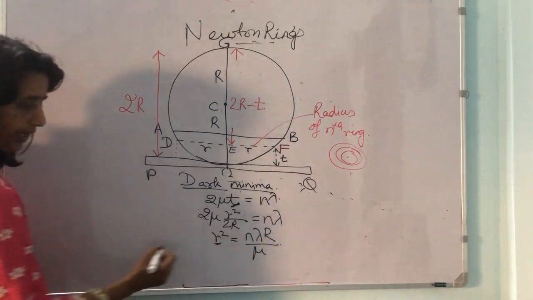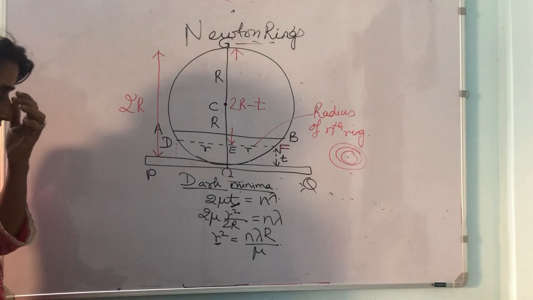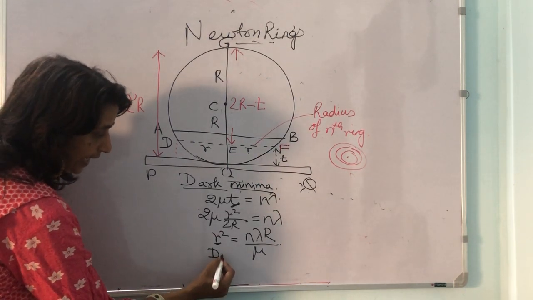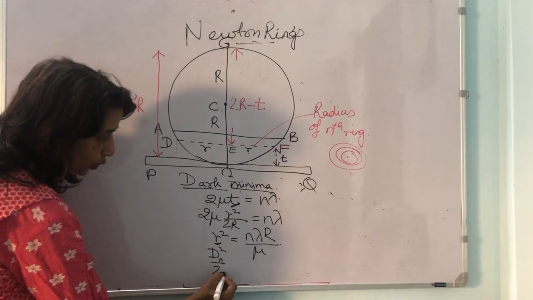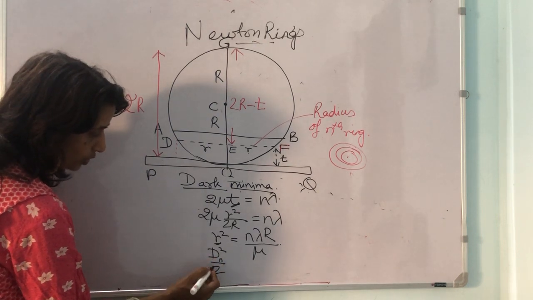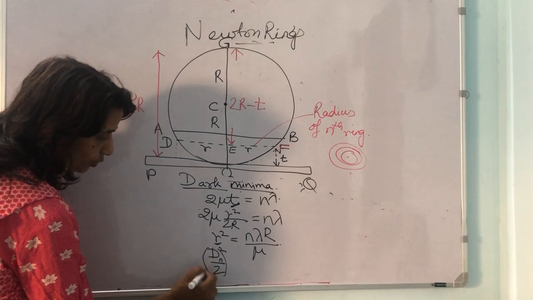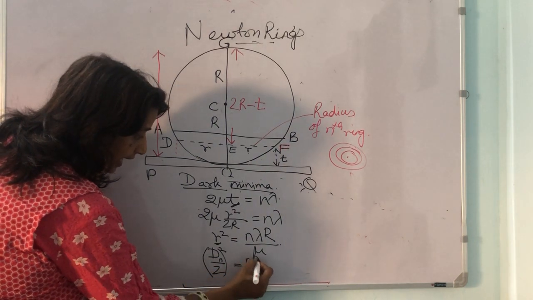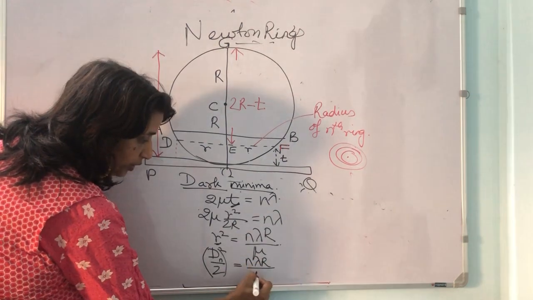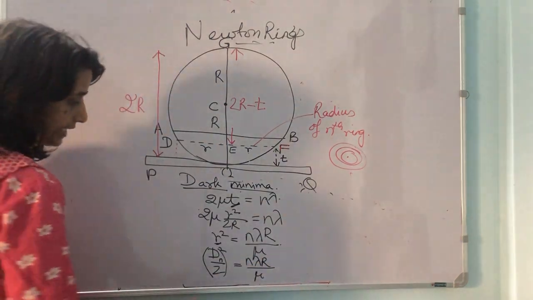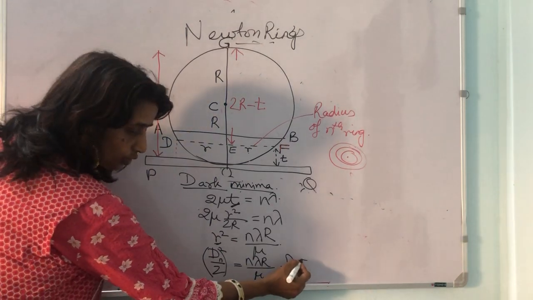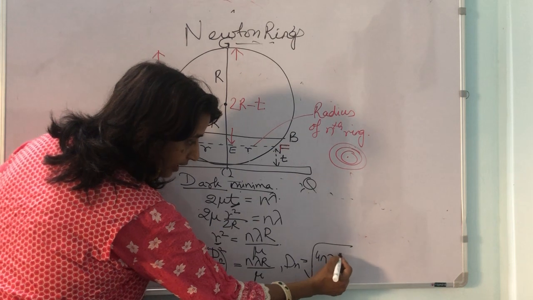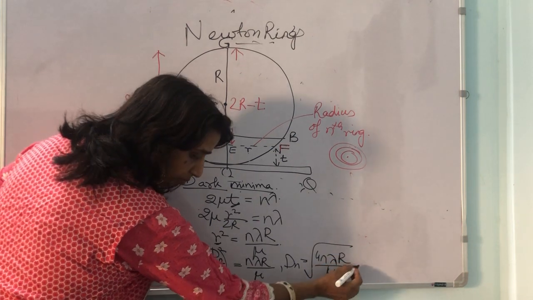Once again, R I can write as half of diameter. So (dn upon 2) whole square is equal to n lambda R upon mu. So dn becomes equal to under root 4 n lambda R upon mu.